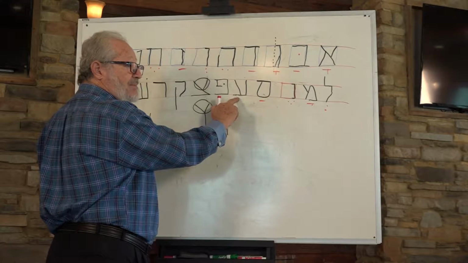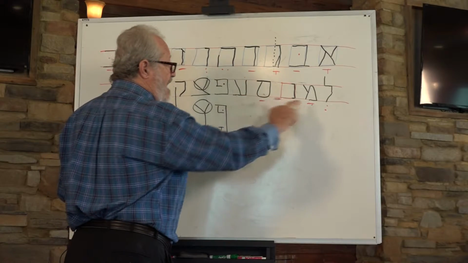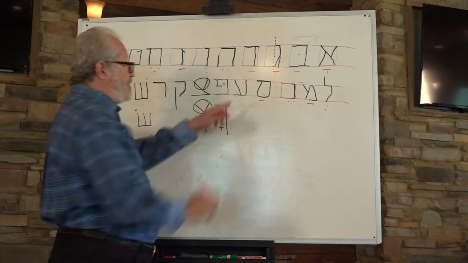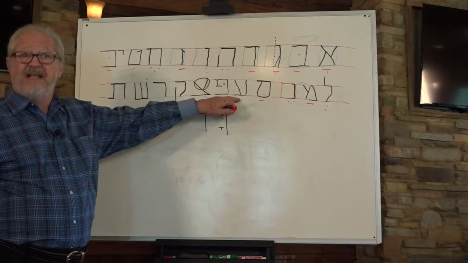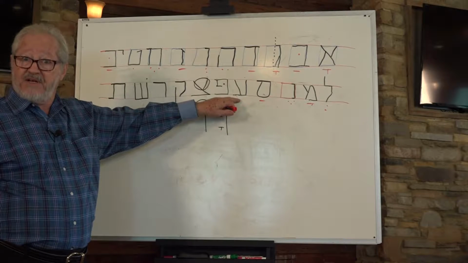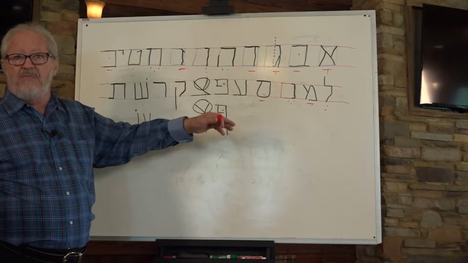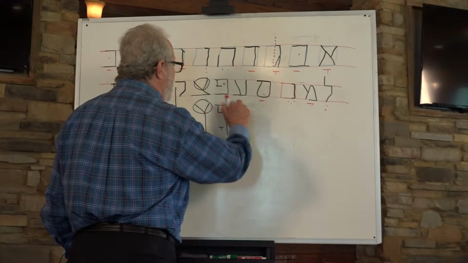Silent letter sometimes. So it's sa, kalma ne sa. You don't hear the ayin, but we see it. It is a silent letter, unless we give it a sound. But the song is kalma ne sa.